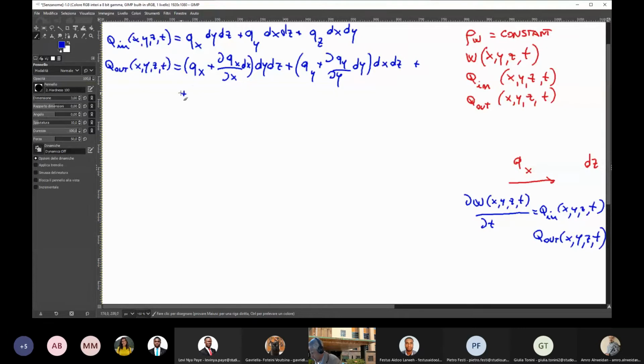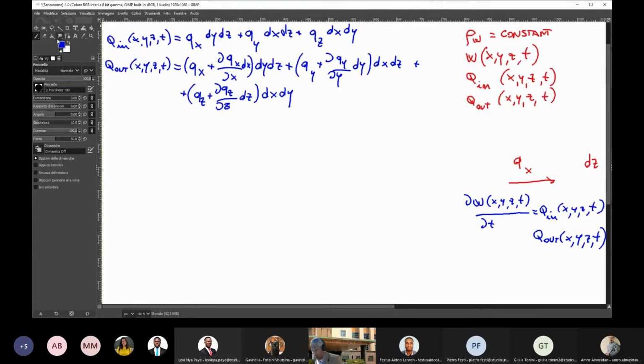The third component is here, qz plus partial derivative of qz with respect to z in the z, the x, the y. Okay? It's a bit cumbersome, but not difficult. Okay, so now I can substitute these two expressions.